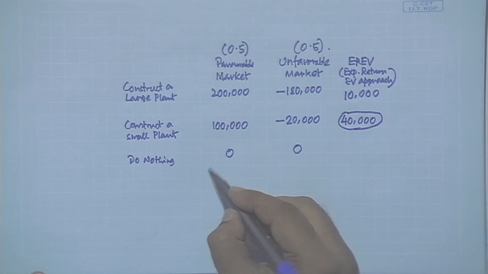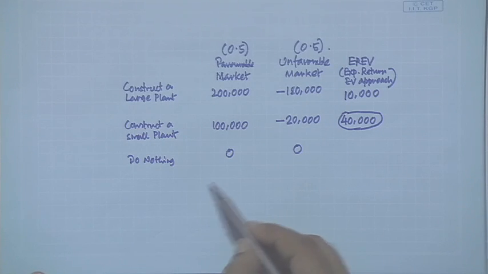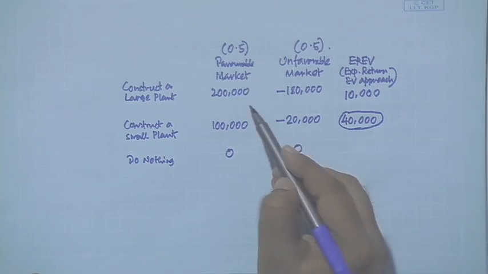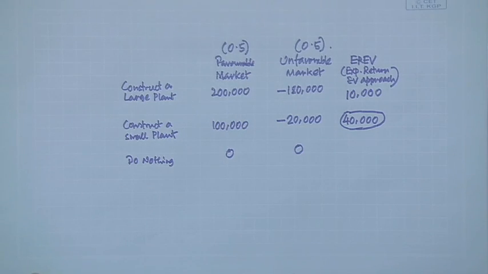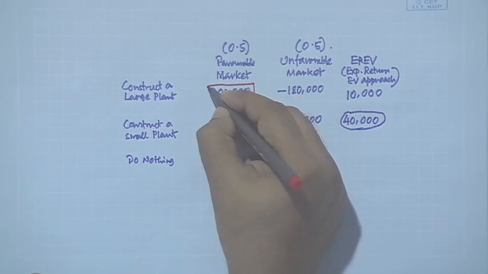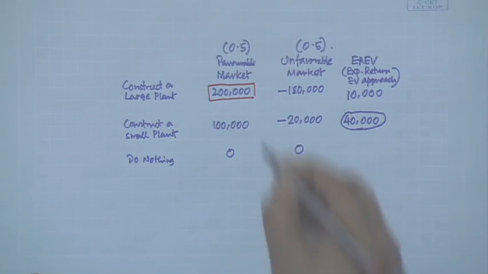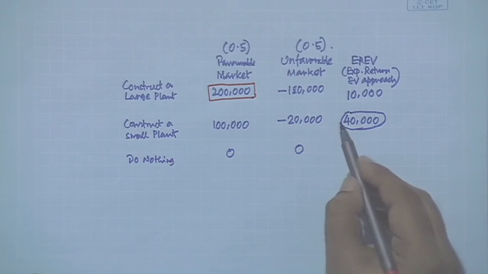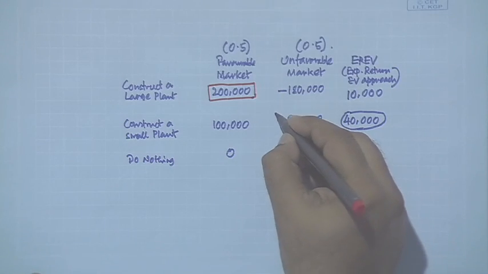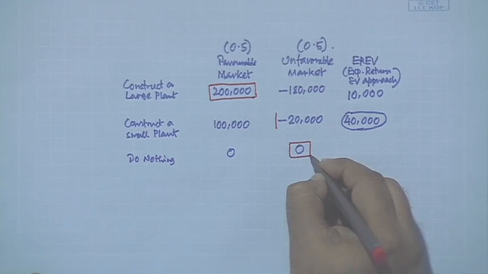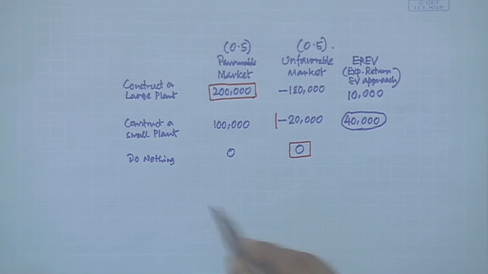But the question comes that if we would have had perfect information, then if it would have been a favorable market, we would have constructed what is known as the large plant, because that would have given us better expected value. And if it would have been an unfavorable market, we would have done nothing, because that is giving us the best possible payoff.